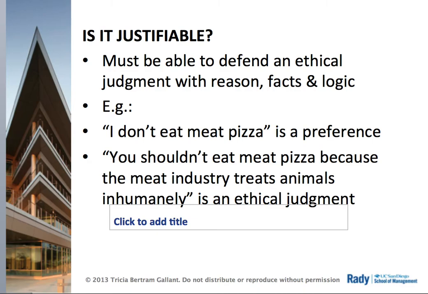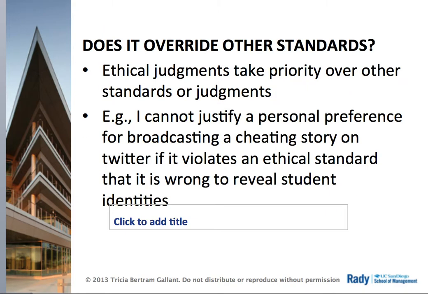I don't eat meat pizza as a preference, but the following is an ethical judgment: you shouldn't eat meat pizza because the meat industry treats animals inhumanely. Ethical standards depend on the quality of the arguments or the reasoning that supports them. That's really important. Is it justifiable?